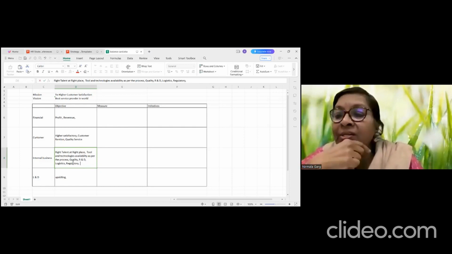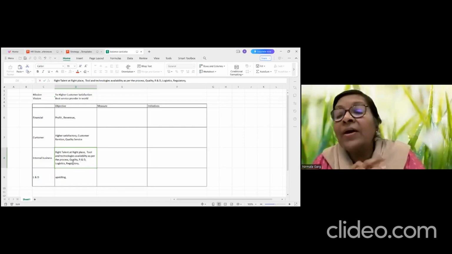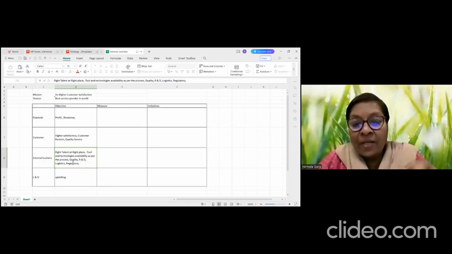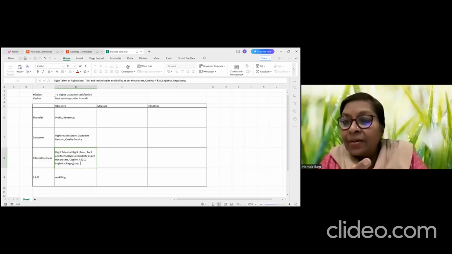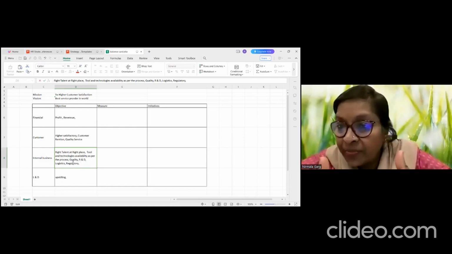Because a strategic map is a visual representation, I'll help you draw the arrows which link what causes the effect. In a strategic map, we are establishing the cause and effect relationship.